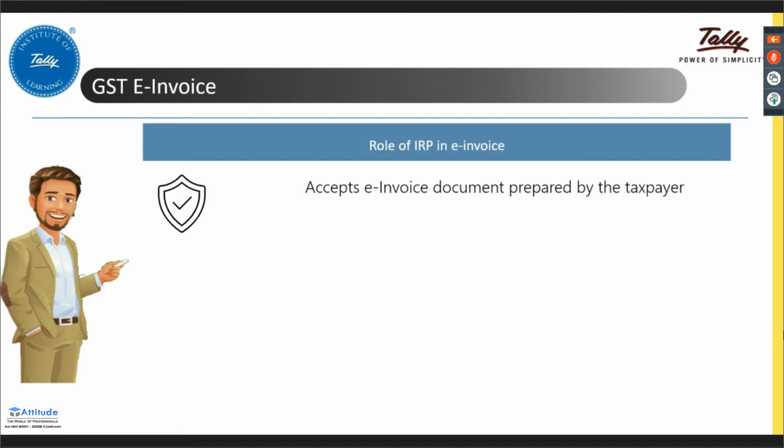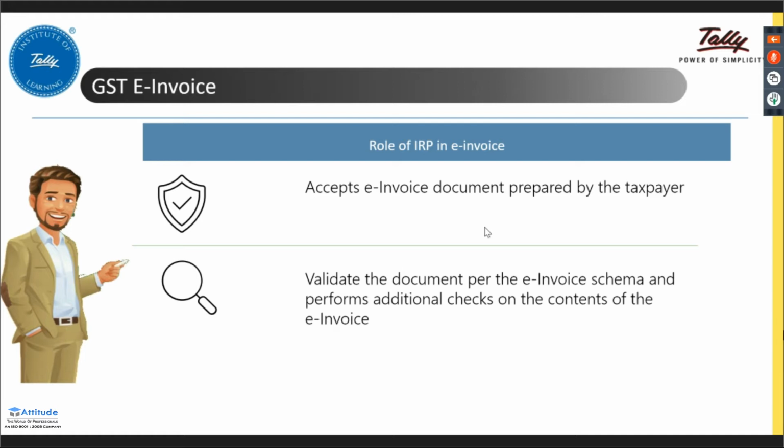Okay, so this IRP portal will accept all the e-invoice documents which are prepared by the taxpayers. That is the main point we have to consider here. And then that IRP, the invoice registration portal, will validate the document as per the e-invoice schema and perform additional checks on the contents of the e-invoice.